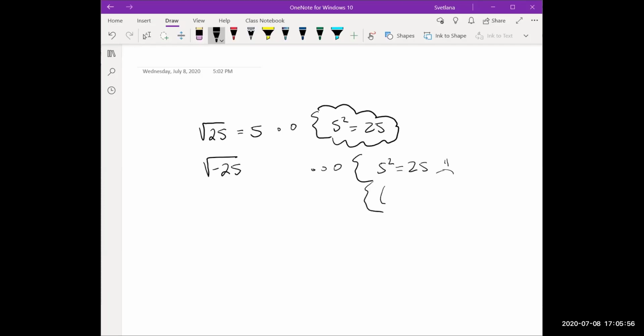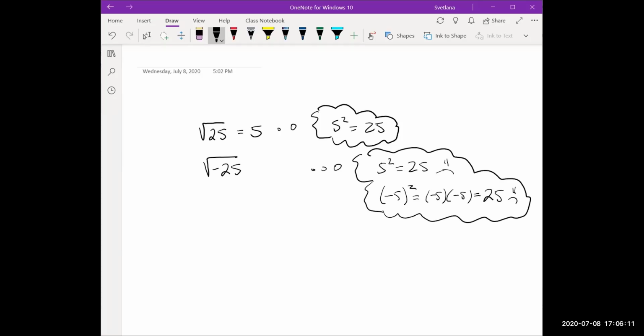And if we try negative 5 squared, then we get negative 5 times negative 5. That's also positive 25, and that's not what we have, right? Remember how we tried numbers and we figured, well, actually nothing works?